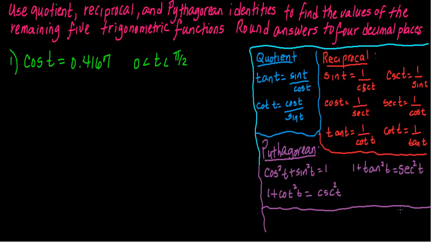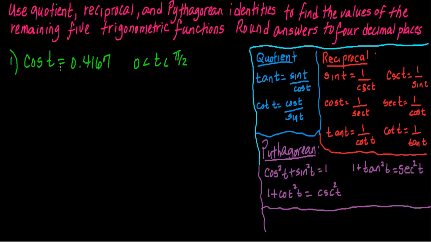In this video, we're going to use the quotient, reciprocal, and Pythagorean identities to find the values of the remaining 5 trig functions. And it says round your answers to 4 decimal places. They have given me the cosine of t and what that equals.